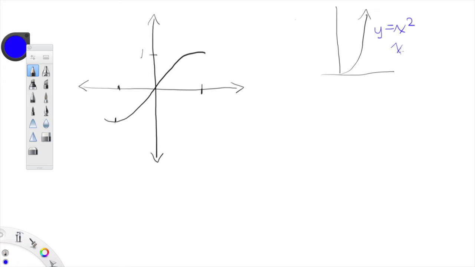So x equals y squared, and then you solve for y, and you get y equals root x. Then this looks like that, and you have this type of relationship between the two functions.